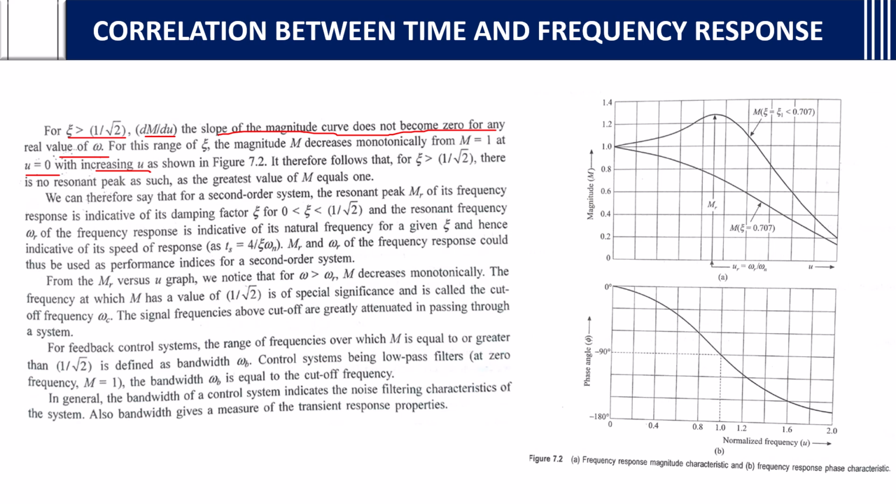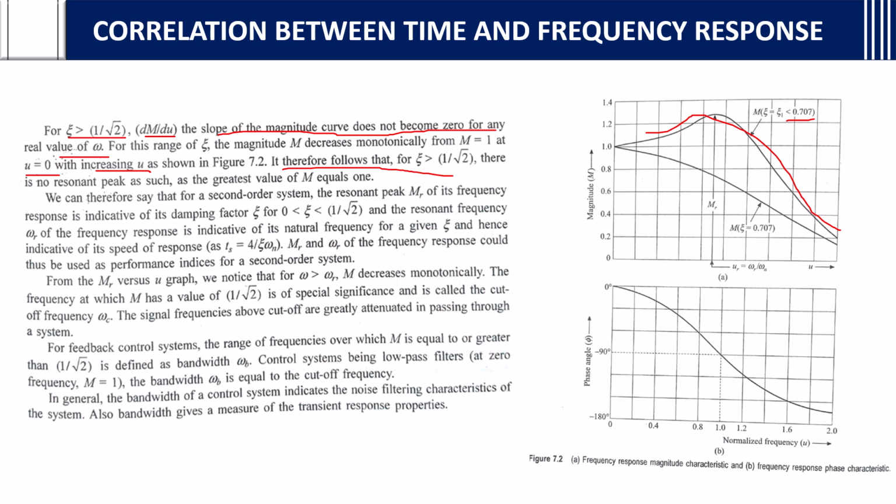As u is increasing, M is decreasing. It therefore follows that for xi greater than 1 by root 2, which means 0.707, there is no resonant peak, as the greatest value of M is 1.